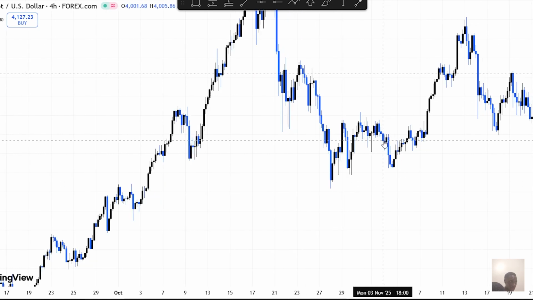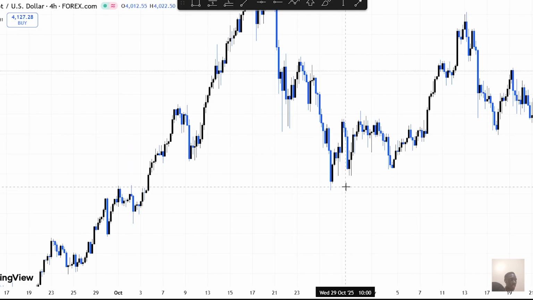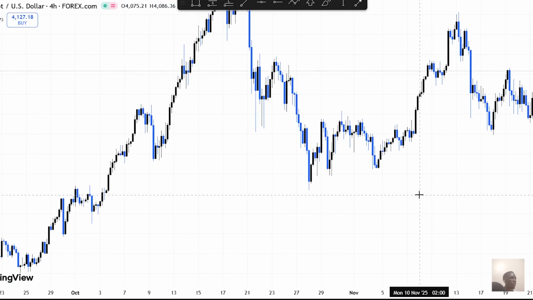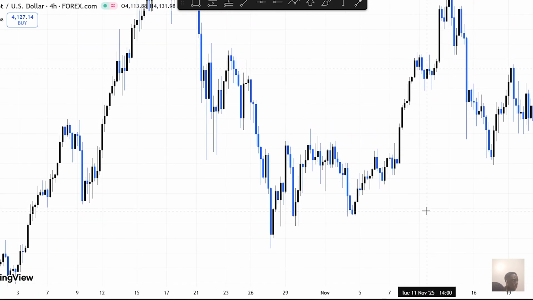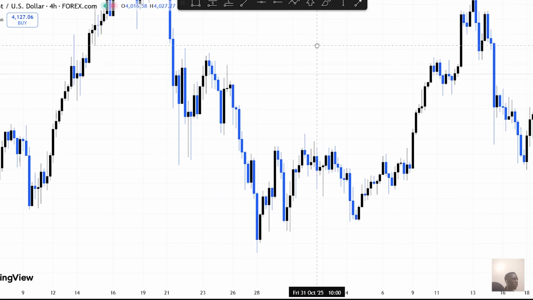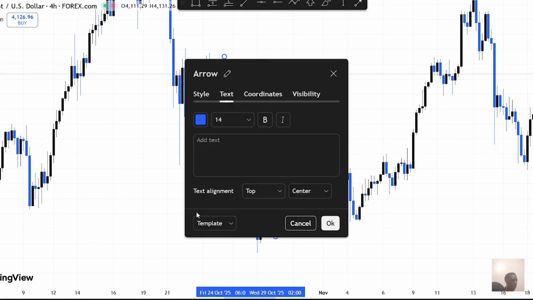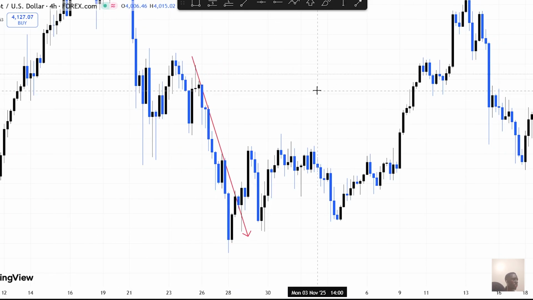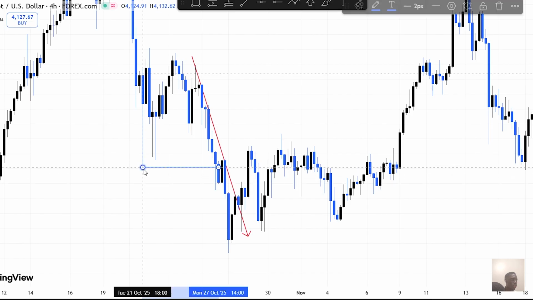So now let's look at internal structure here and why most people might mistake it for the main structure. Here, as you can see, price gives us an impulsive move to the downside, which is here. It gives us a breakout structure here. It gives us a breakout structure there.